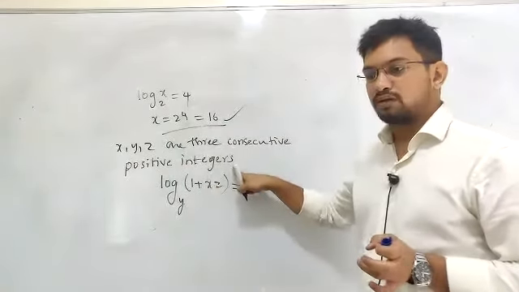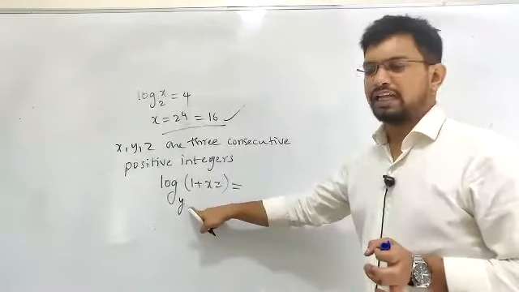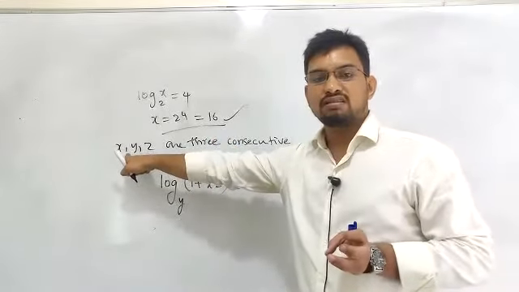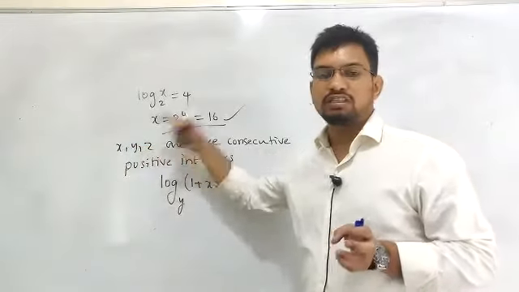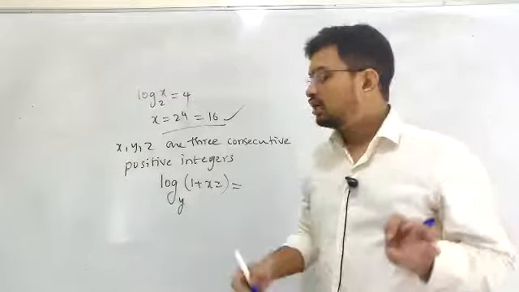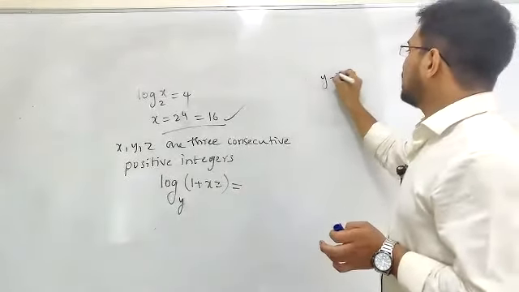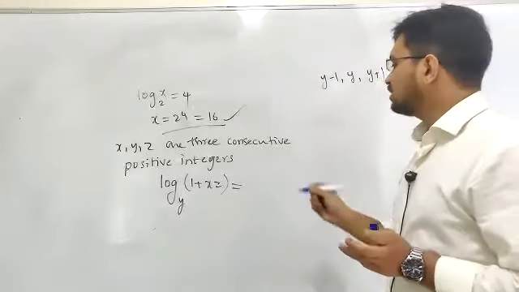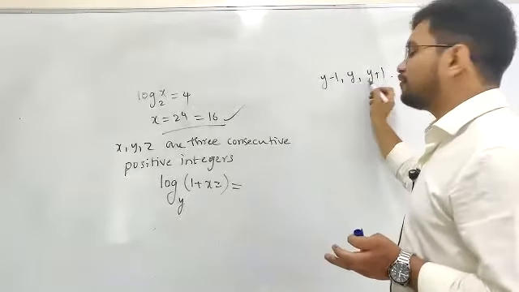So y cannot be 1 anyhow, because when it says positive integer, the least possible value of x is 1. So if this is 1, this has to be 2, this has to be 3. So y cannot be 1. No bothering about the domain of that function. Then those numbers I'll take as y minus 1, y, y plus 1.